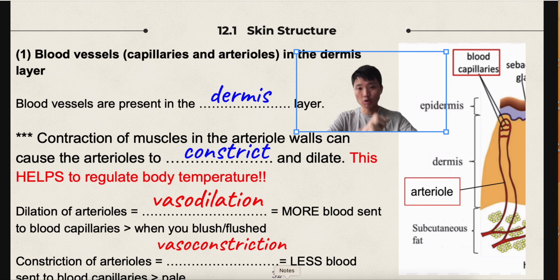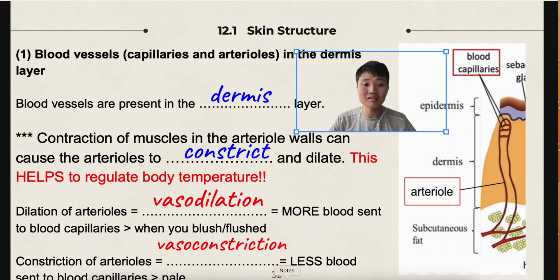We've learned things like homeostasis and negative feedback. Vasodilation is another word you need to know here. More blood is being sent to the blood capillary. Sometimes you see your oppa, then you start to blush. What's happening there? Vasodilation, because more blood is being sent there. However, sometimes we're very pale after a huge run or something. Why?